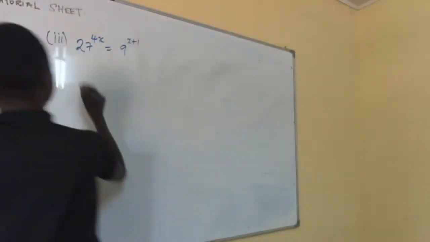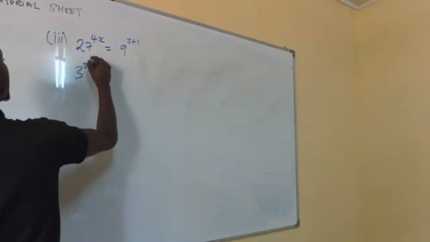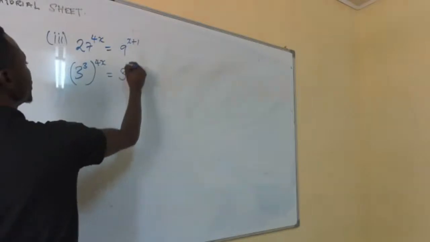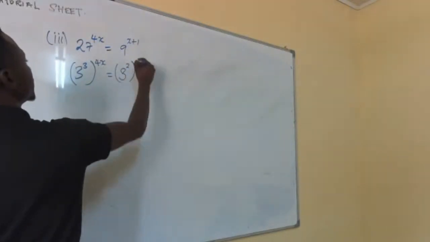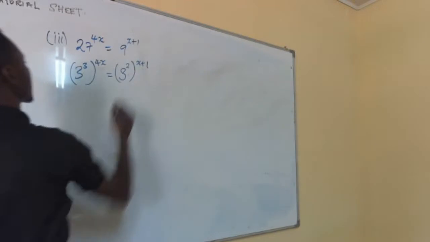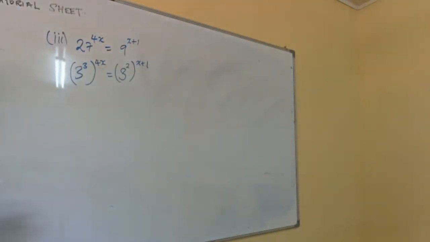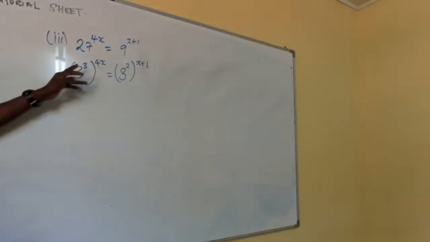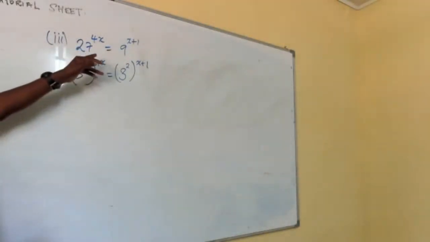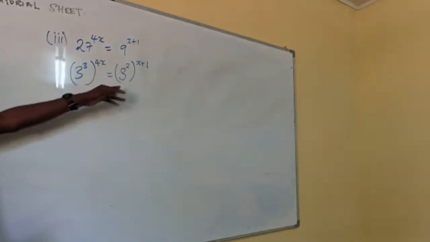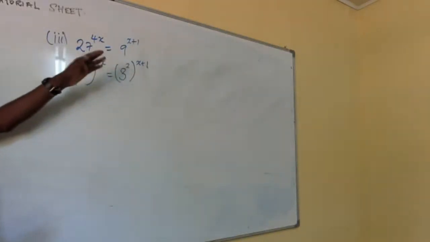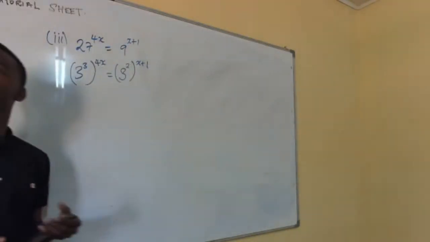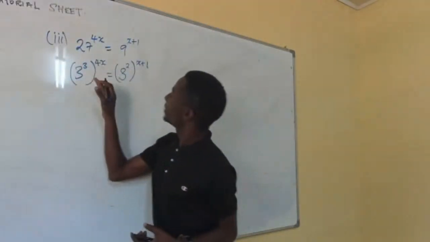In short we can say 3 to the power 3, all to the power 4x, equal to 3 to the power 2, all to the power x plus 1. We say 3 to the power 3 because if you multiply 3 three times, you get 27, and 3 to the power 2 because if you multiply 3 two times, you get 9.